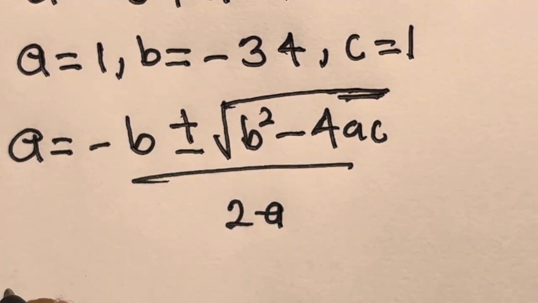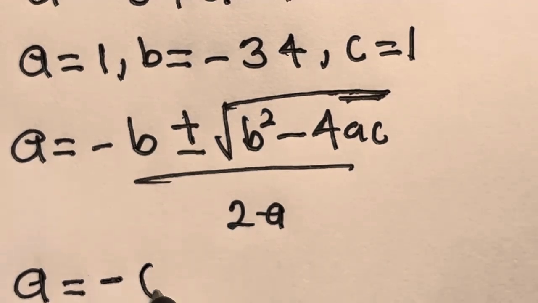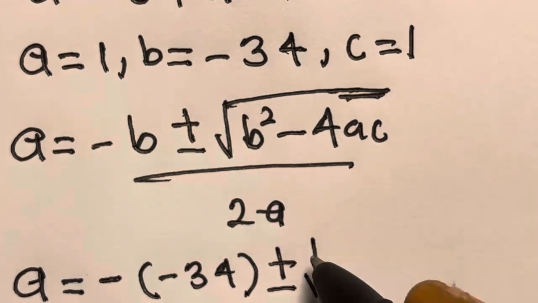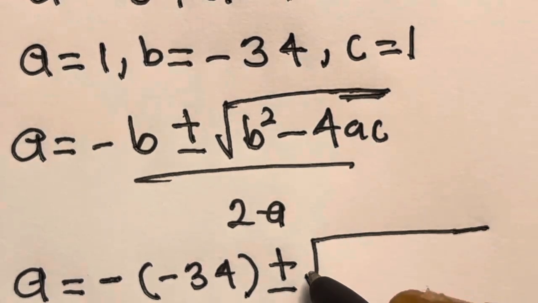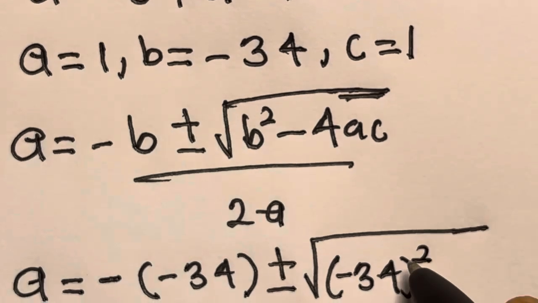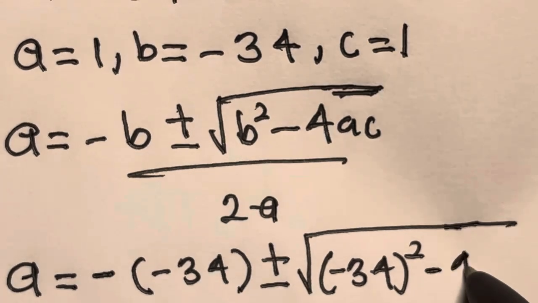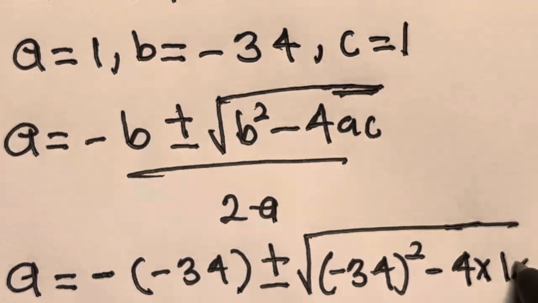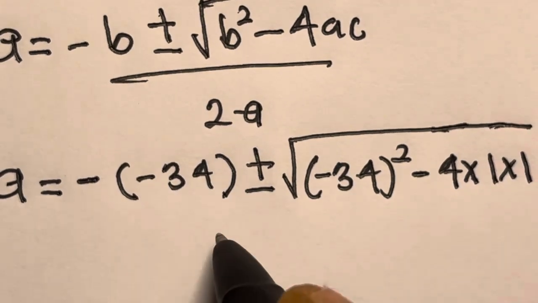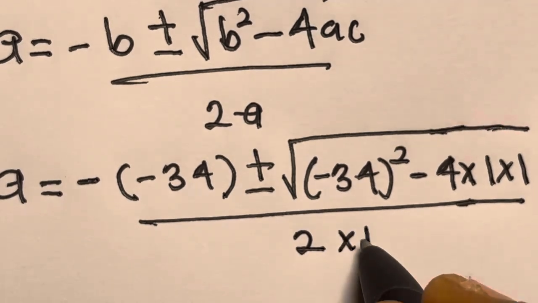We will have a equals minus minus 34, plus or minus square root of minus 34 squared minus 4 times 1 times 1, divided by 2 times 1.